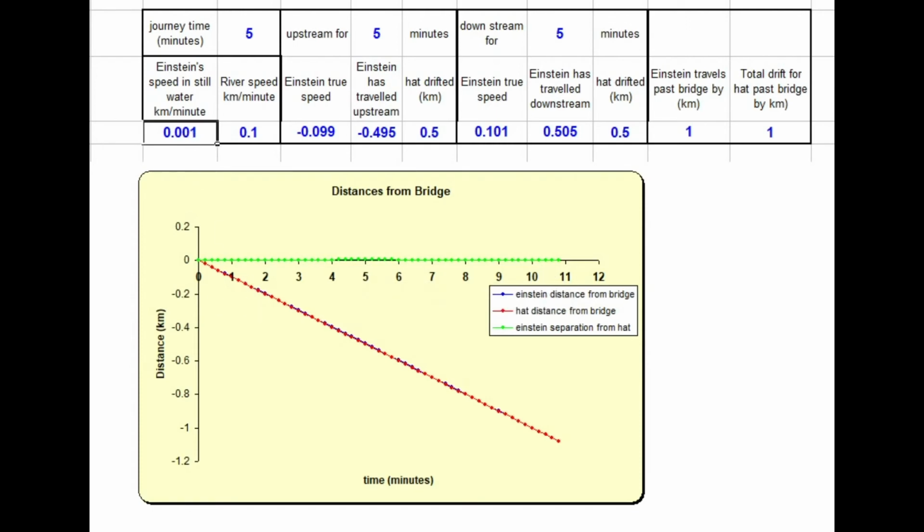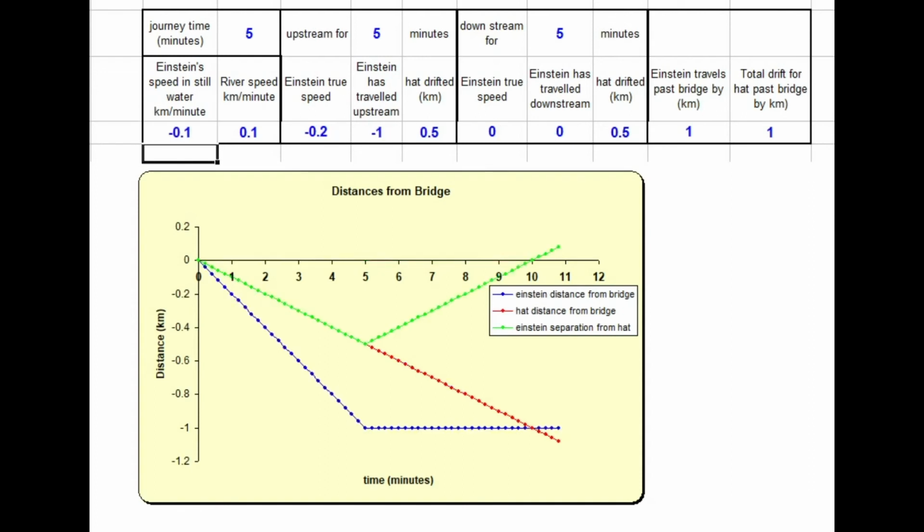But then what about if he is going in the opposite direction? What if he's rowing downstream? So what we would have here is the hat falls off and it goes down along the red line there.